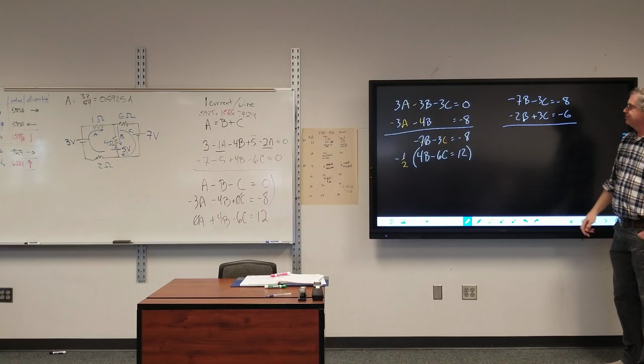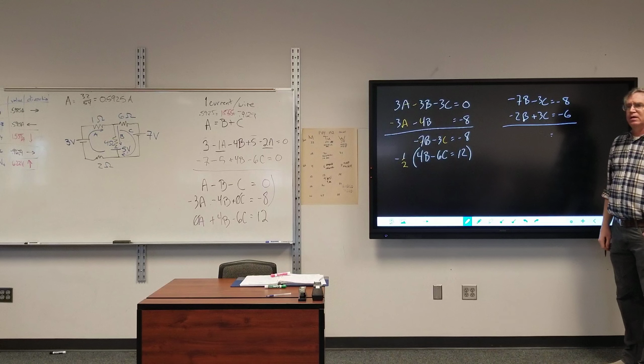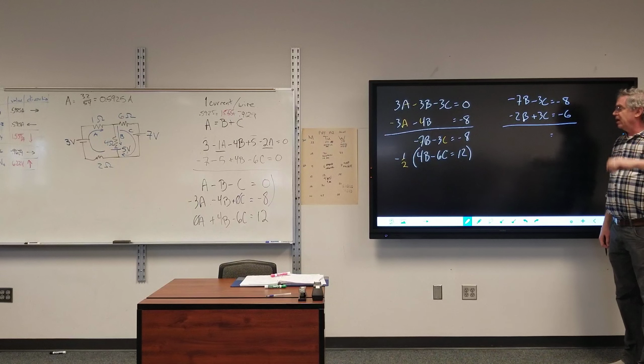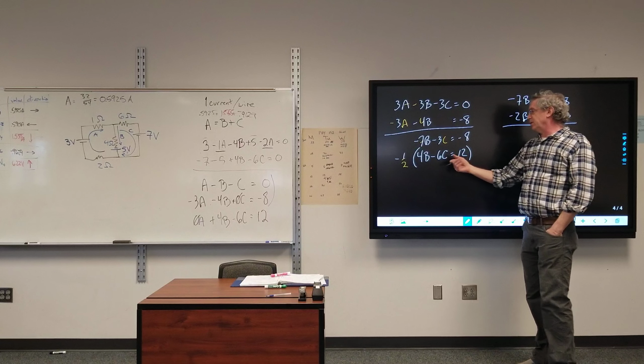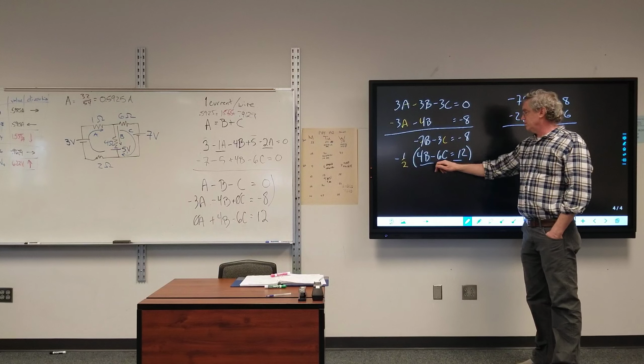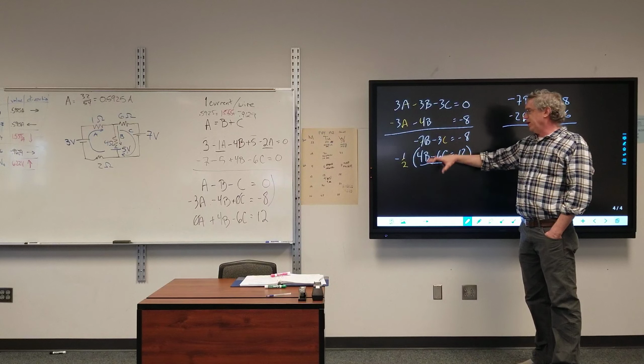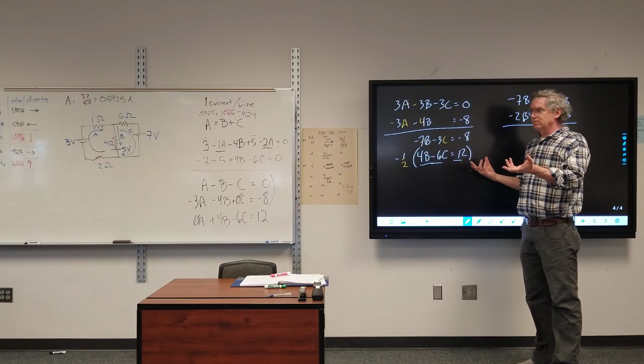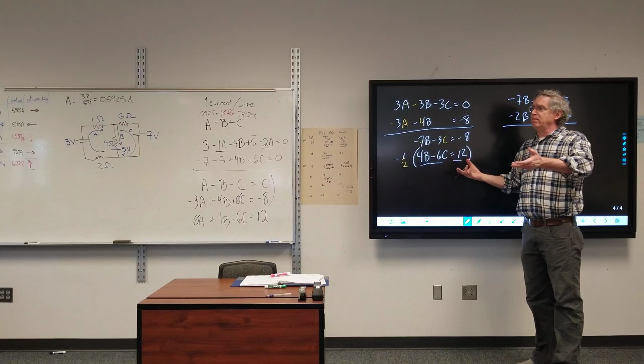And I add. Now, how are you just able to multiply it by negative 1/2 and then 3 on the top? If what I'm doing is I have this equal to this, as long as I multiply the left-hand side by something, I can multiply the right-hand side by the same thing, and it's still equal.